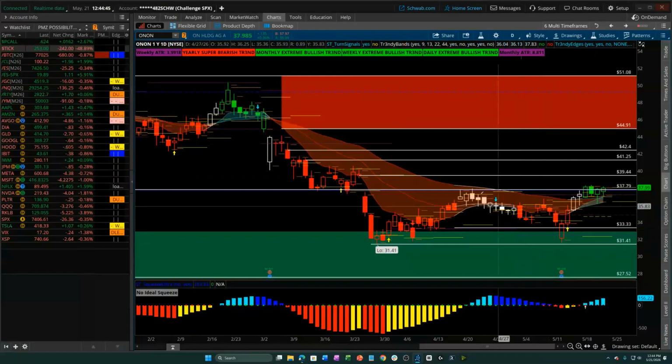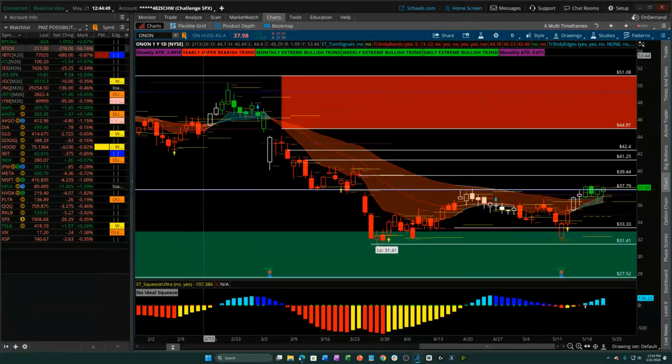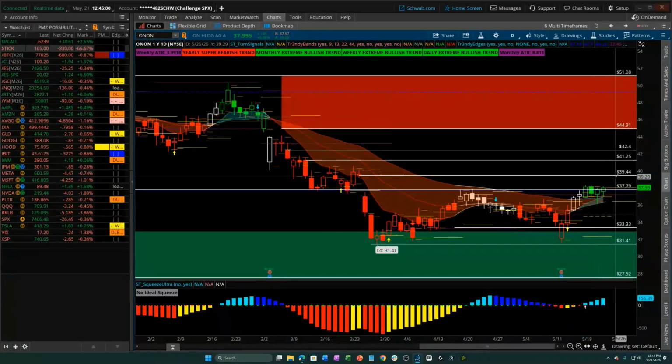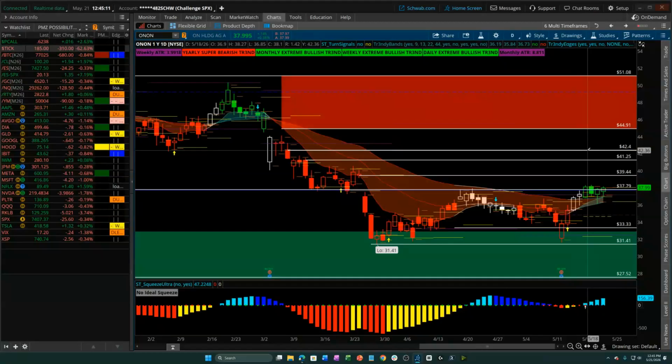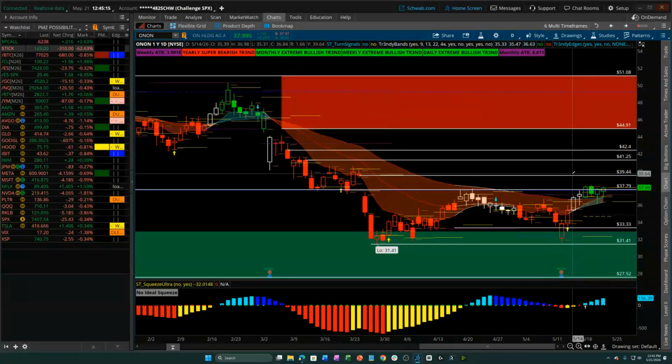That's the only way I'm going to go long on a super bearish trending stock. I will trade counter trend if it's a long time, but not short time. All right. So that being said, let's talk about the first targets. I would treat this as a T1 and this 41.25 to 42.40 as a T2. I would take some profits here.